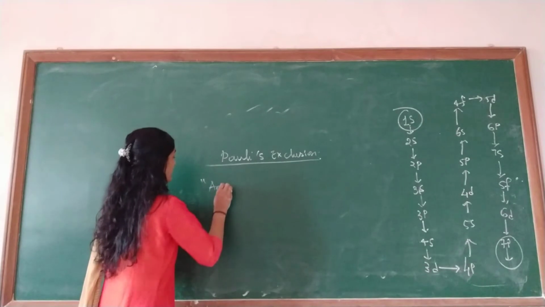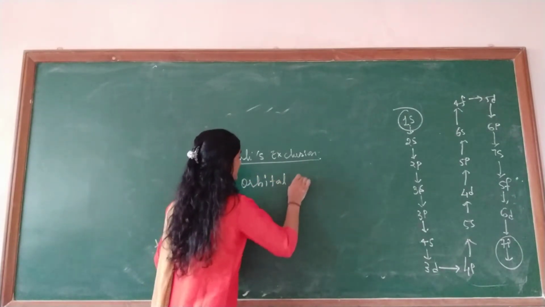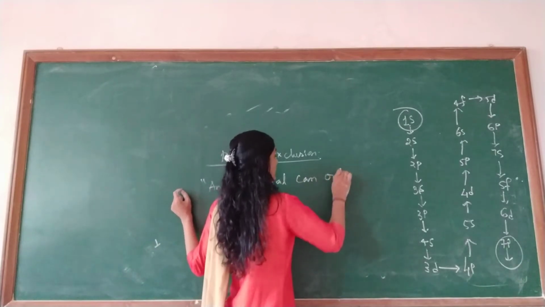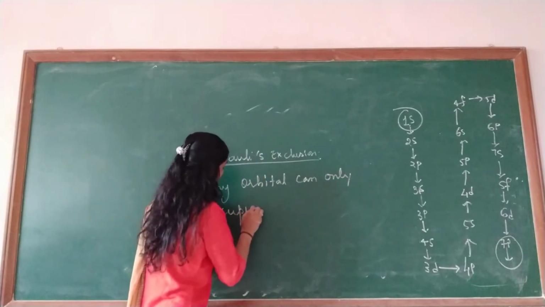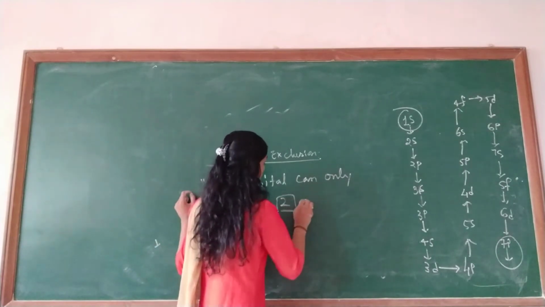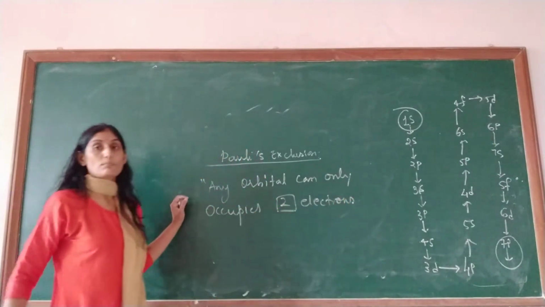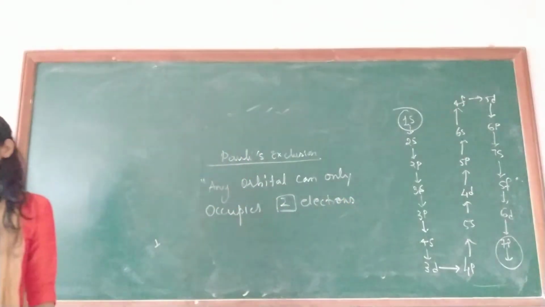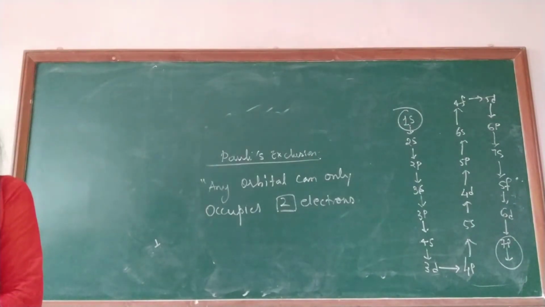Any orbital can only occupy 2 electrons. कोई भी ऑर्बिटल है तो वो कितने इलेक्ट्रॉन्स रखेंगे, 2.